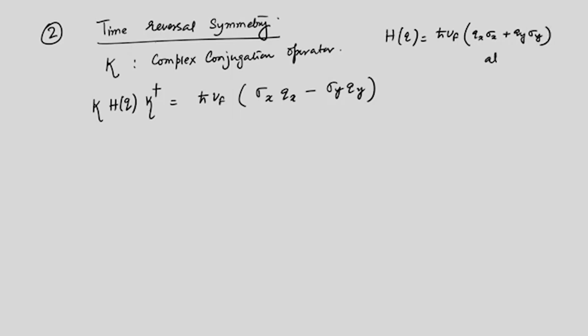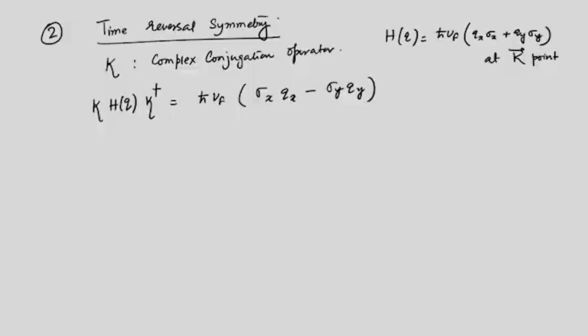So, this is at the K point. If you want to write it at the other Dirac point, that is at the other valley, these Dirac points are called valleys. The time reversal symmetry, actually what it does is that it changes the Hamiltonian from one valley to another, and so this is at one of the Dirac points.